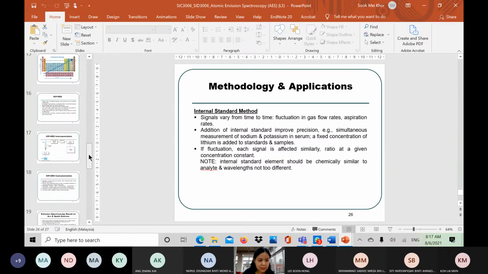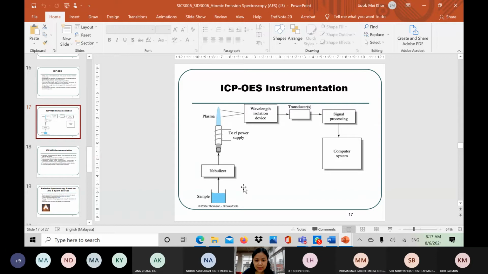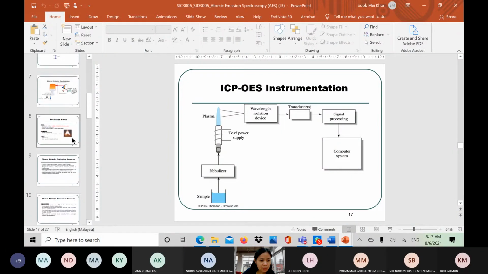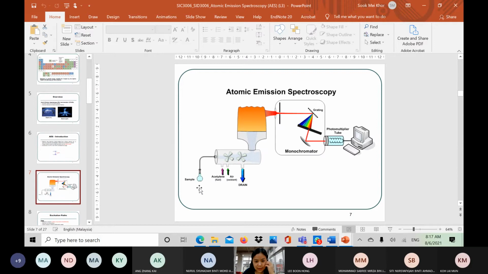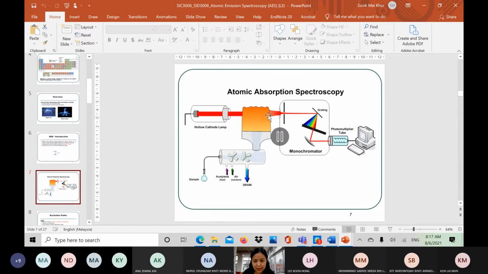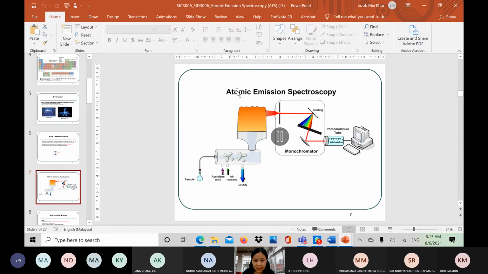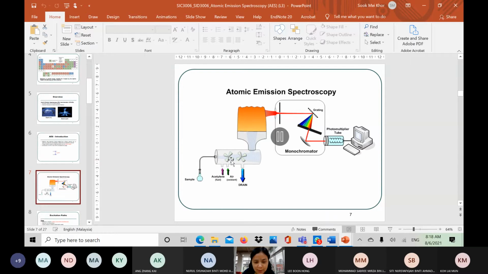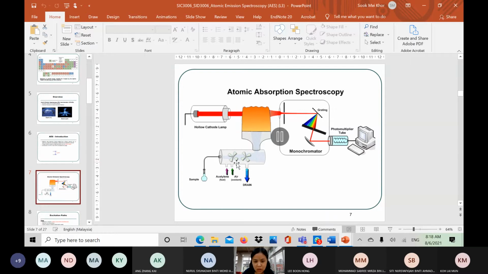Okay, so if you still remember, in AES, when we want to introduce the sample, this is ICP. With light source is AAS, without light source is AES. We need to have the sample go through the nebulizer and also the spray chamber.